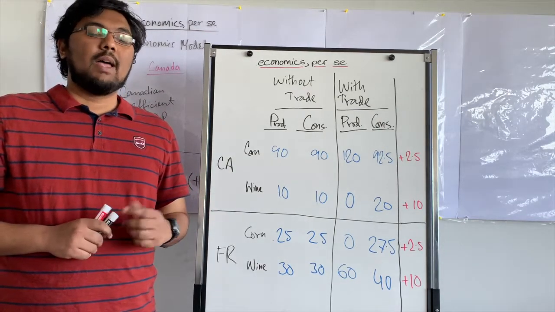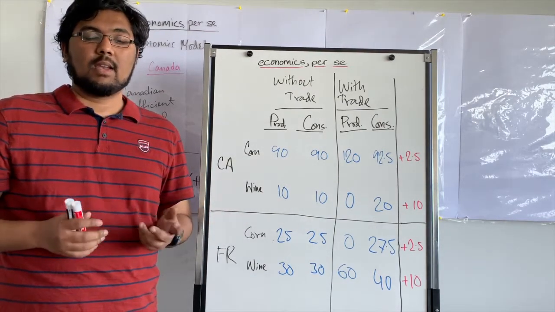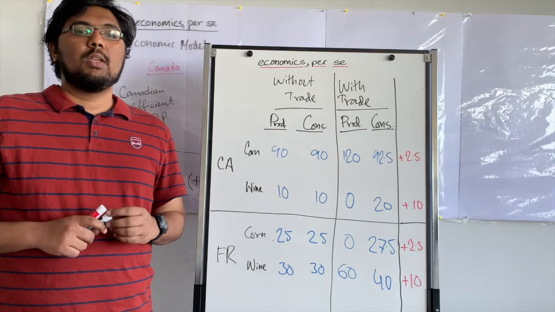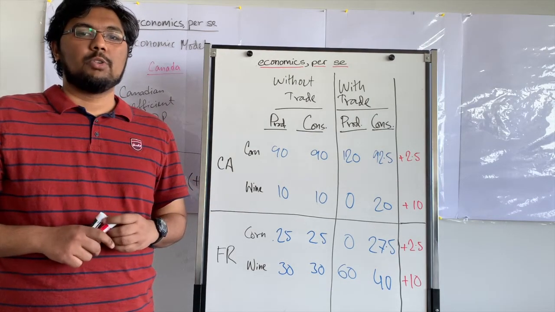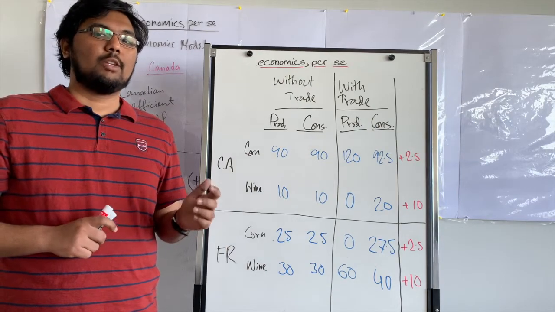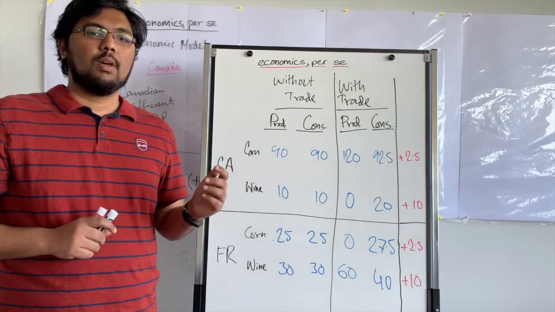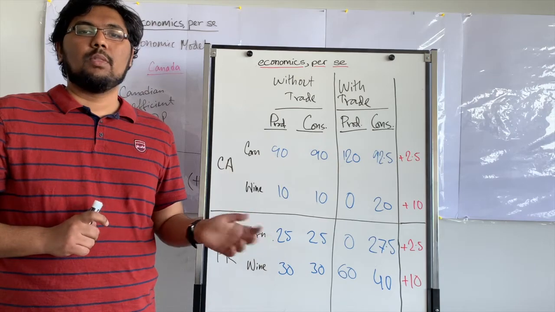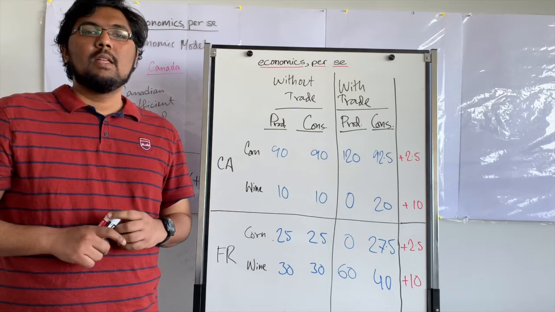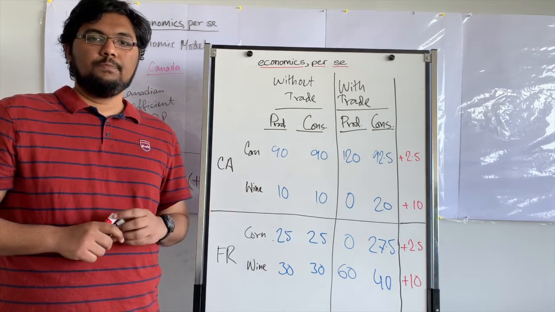So as the price that Canada is paying for 20 units of wine is less than the opportunity cost of producing that domestically, it is fine with the trade agreement.